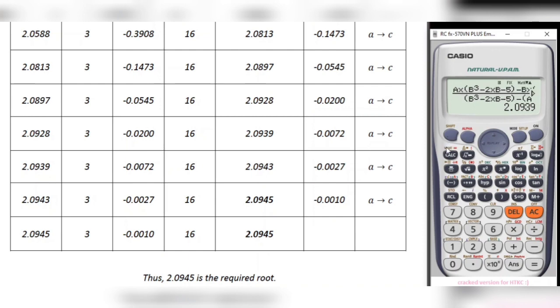Press up arrow, calc, change the a value to 2.0939. Press equals, you get 2.0943. Press up arrow, press equals, you get f of c, that is minus 0.0027. Change the value of a to c. Again press the up arrow, change the value of a to 2.0943.